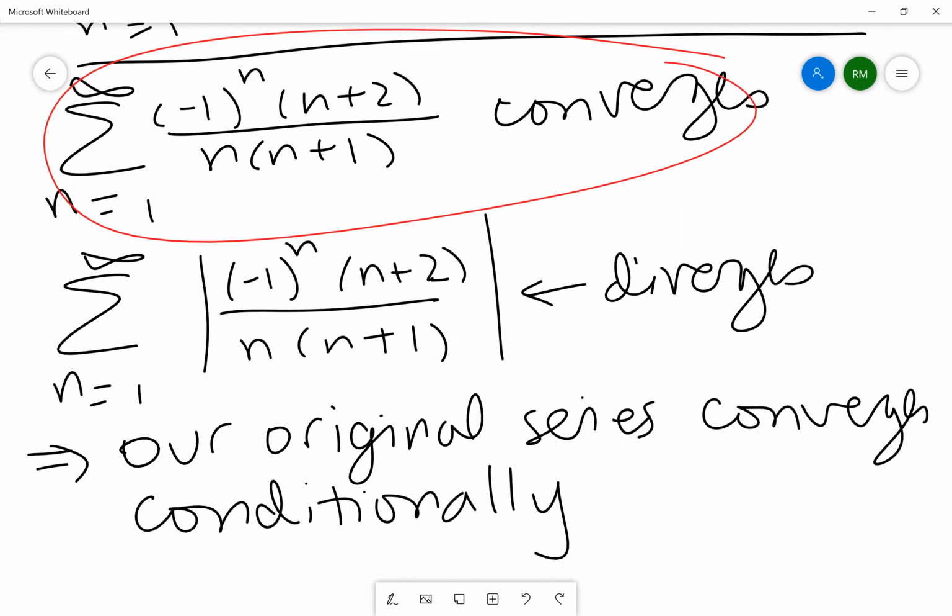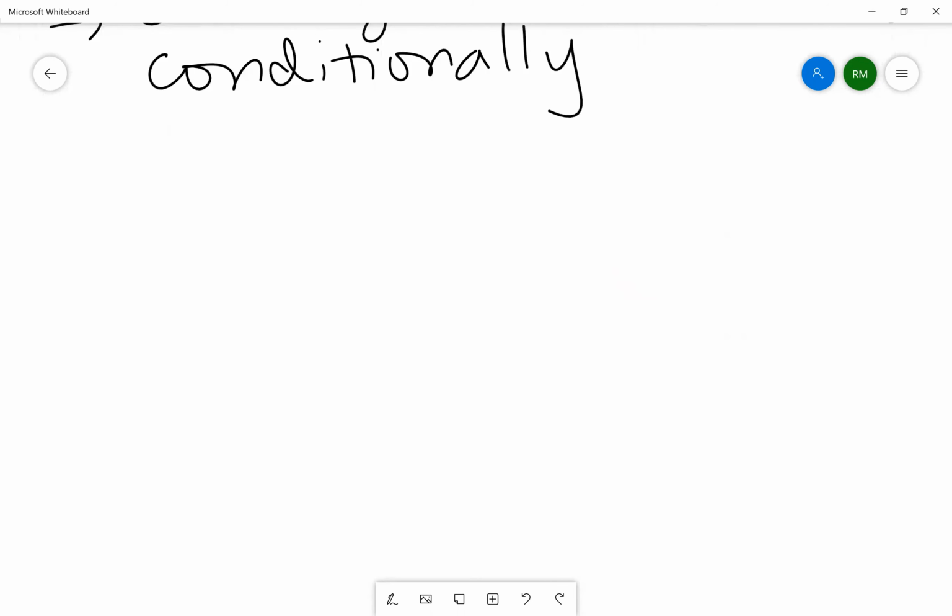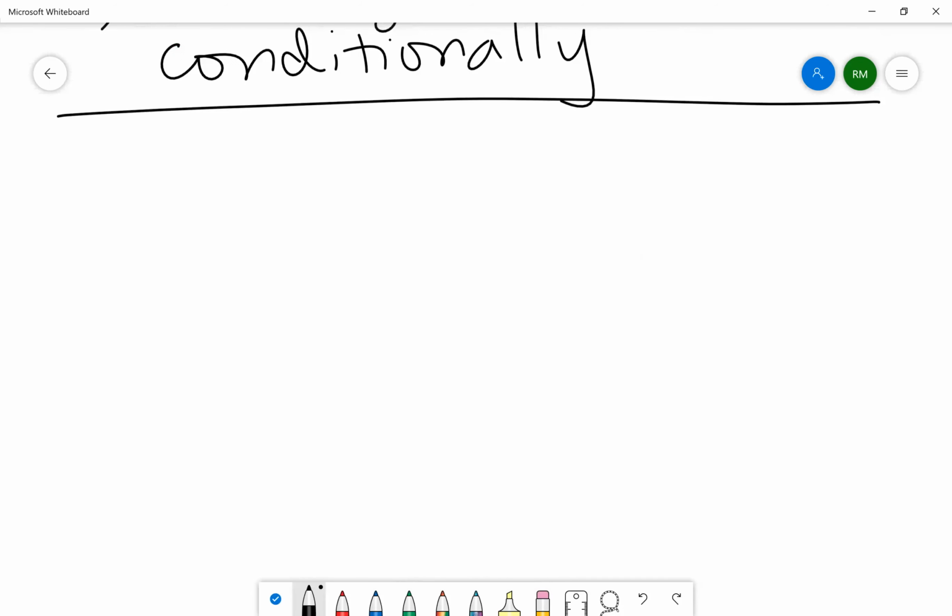All right, so you've gotten to see us use the divergence test, the ratio test, the p-test, the alternating series test, and the limit comparison test all at once. So now it's your turn to work a couple problems and see what you can do with them in your notes. I want you to just look at them and try to identify what series test to use. Sometimes you have to use more than one.